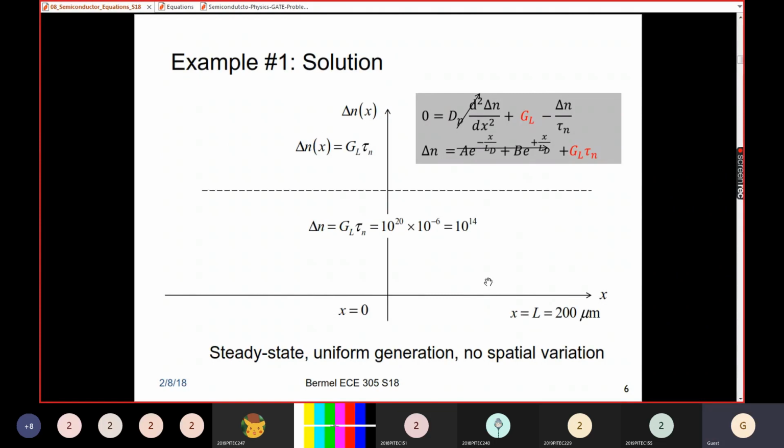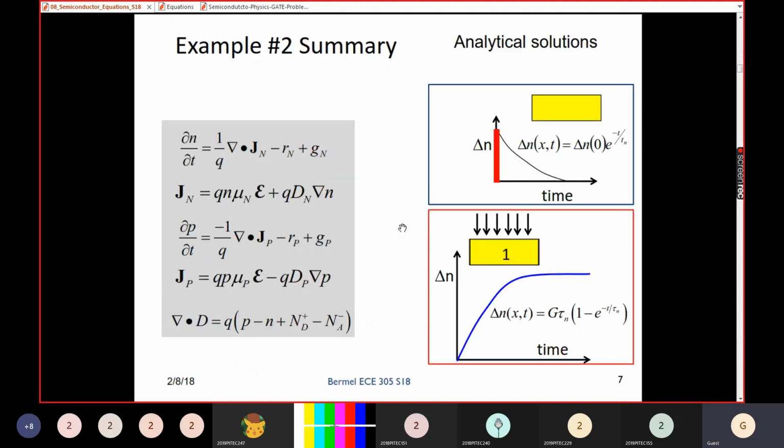As usual I have told you, this part will be completely neglected. Therefore, you will be getting GL. If you want to calculate Δn, it is equal to GL into τn. So the value of Δn is equal to 10 power 14 at x equal to 0.